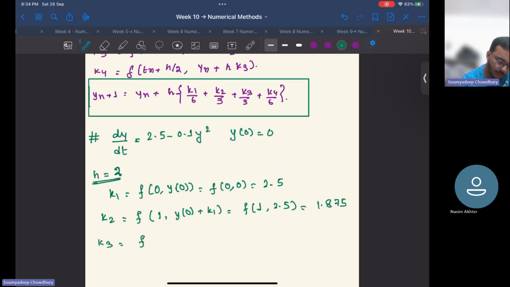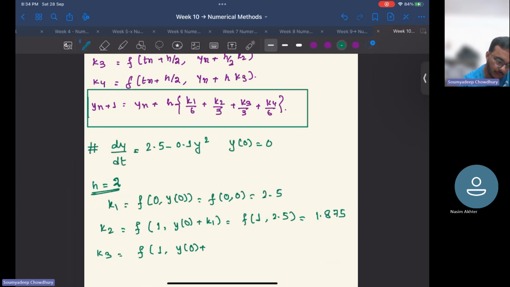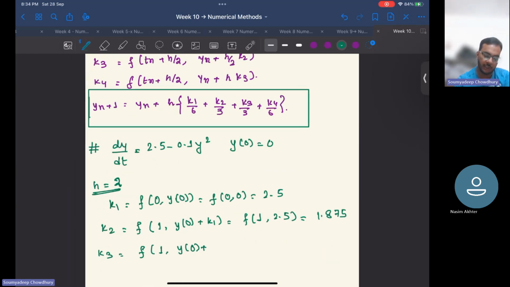What is K3? K3 is again, x is the same. Yn is y of 0 plus h by 2 K2. So h is 2, 2 by 2 is 1, times K2. K2 is 1.87, so it is basically f of 1 comma 1.875.